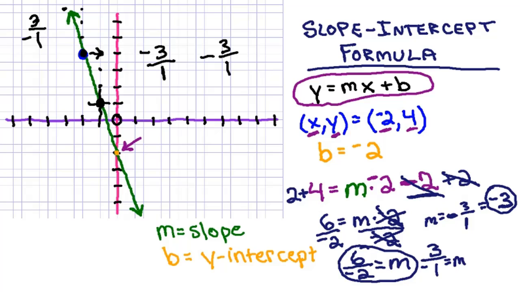It still would have given us another point on the line to show how steep the line is. So it doesn't matter which number has the negative if you have a negative slope. So it looks like we did a good job. We got negative 3 over 1, and that's what we got for the slope when we solved it algebraically using y equals mx plus b, the slope-intercept formula.